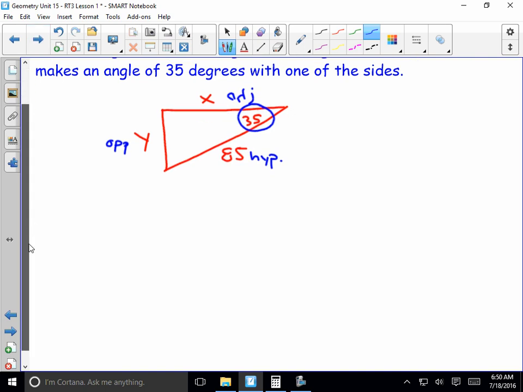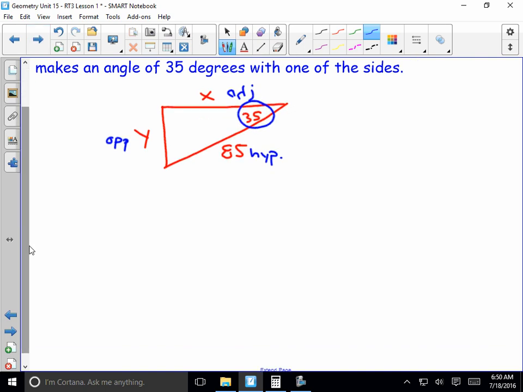So now we can set up two trig ratios. Opposite over hypotenuse, y over 85 equals, and that's our sine function. Always remember whenever you're doing trig, you want to drop in your SOHCAHTOA to help you with those values.